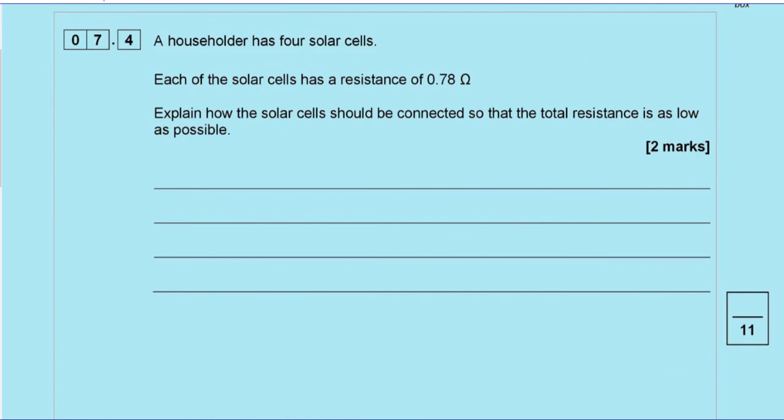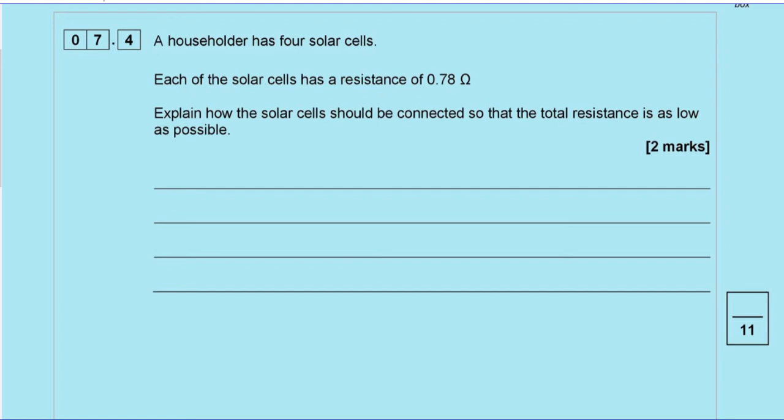Question 7, we've got a household who has 4 of these solar cells. Each of the solar cells has a resistance of 0.78 ohms. Explain how the solar cell should be connected so that the total resistance is as low as possible. Okay, so the idea here is that you remember there are 2 alternatives for connecting things up electrically.